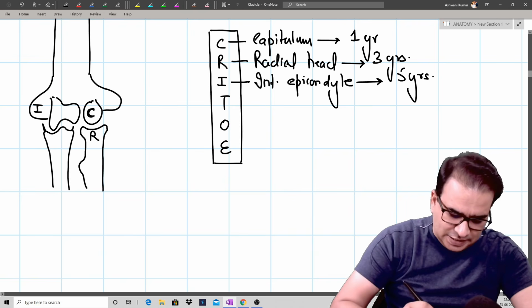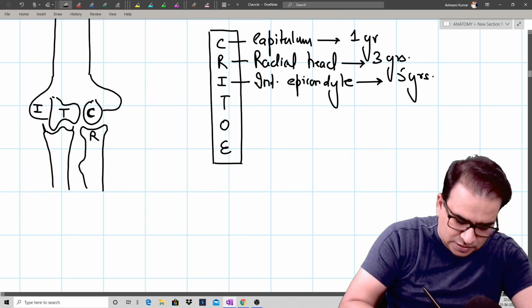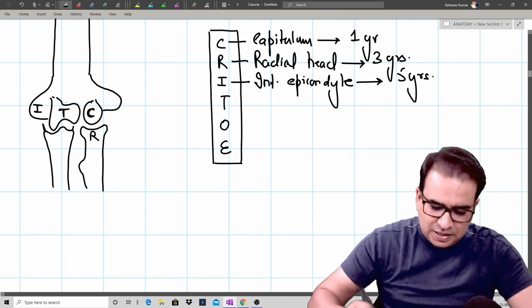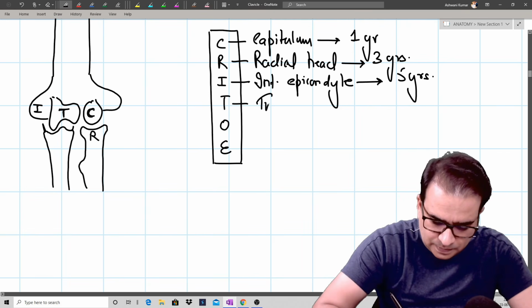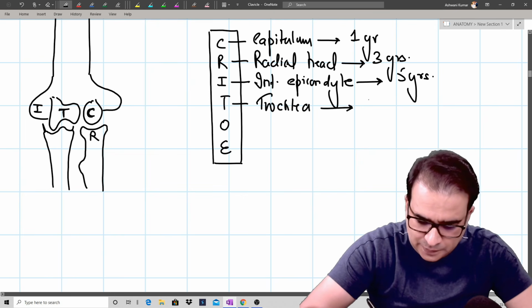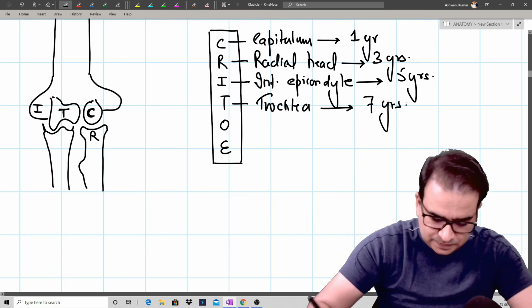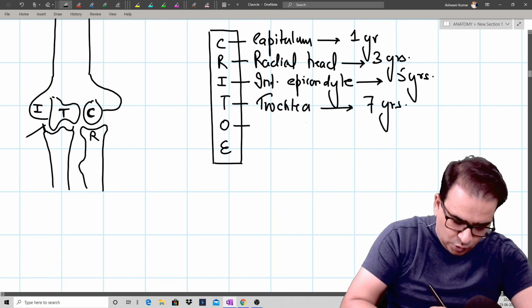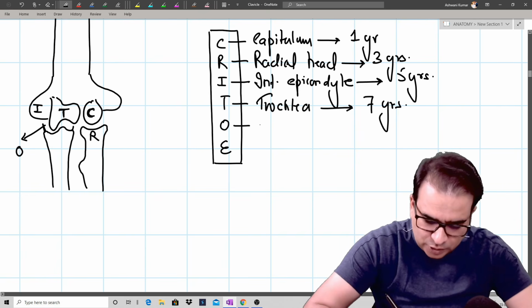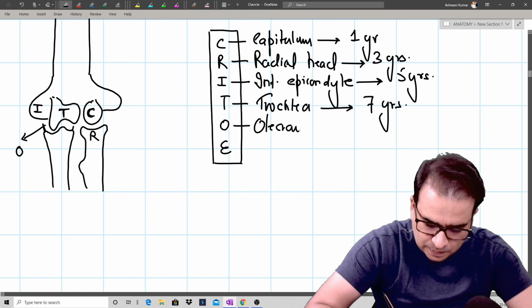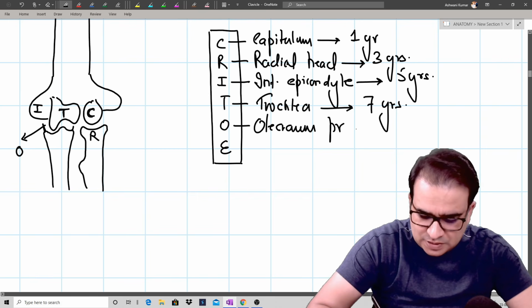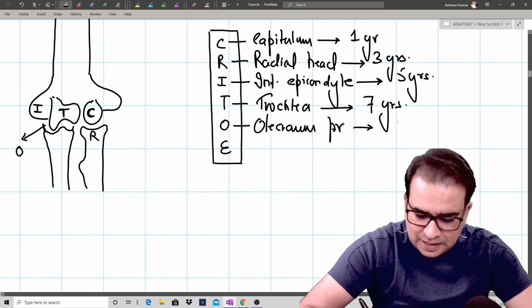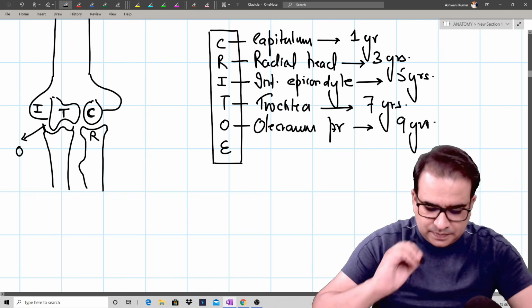T is for what? T is for the trochlea, this pulley shape that we have. The secondary center for the trochlea appears at the age of 7. O is for the olecranon process, which can be better appreciated from the posterior side. 9 years.